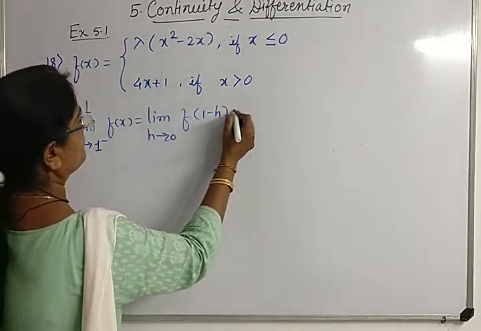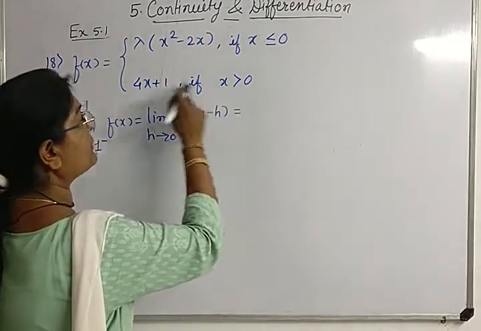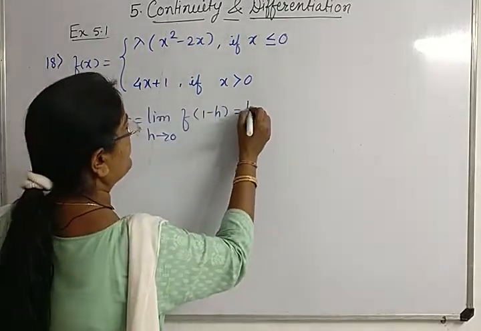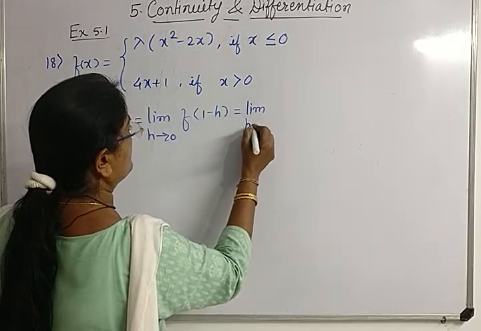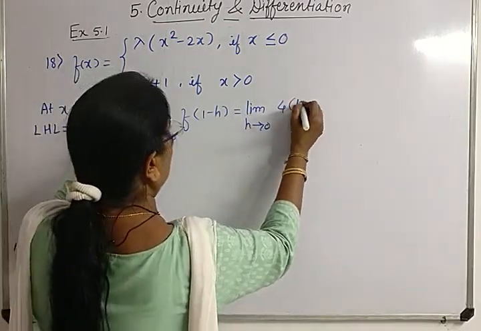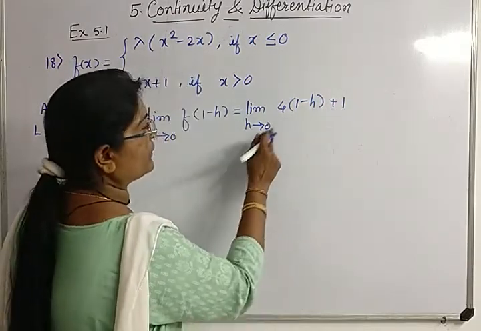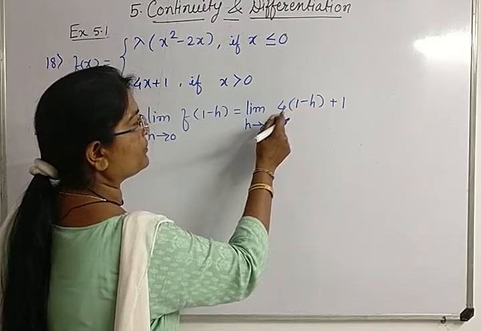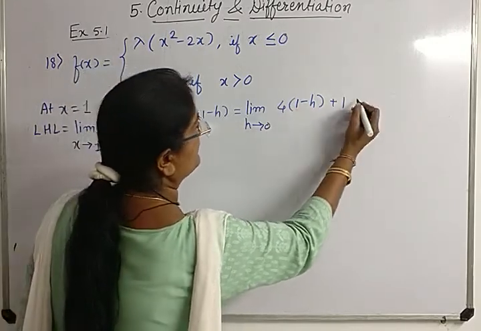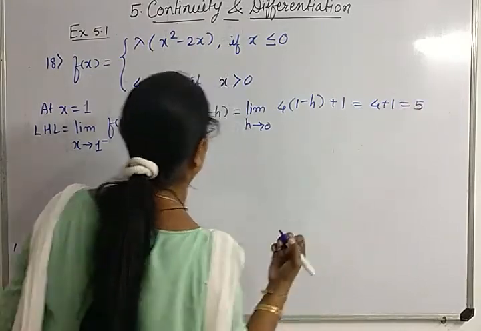The function is this only, because for greater than 0 the function is 4x plus 1. Limit as h tends to 0, 4 into bracket 1 minus h plus 1. Now put the value of h as 0. So 4 into 1 is 4 plus 1, that is equal to 5. So the answer is 5.